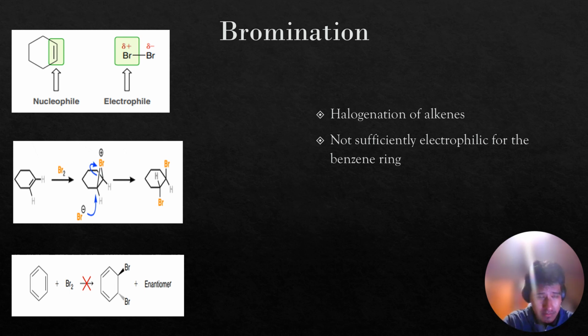So when the alkene attacks Br2, it forms this intermediate, which is positively charged. The negatively charged bromine, which was left over, then attacks the intermediate, giving us our product, which sadly cannot occur with a benzene ring as a nucleophile, mainly due to Br2 not being sufficiently electrophilic.